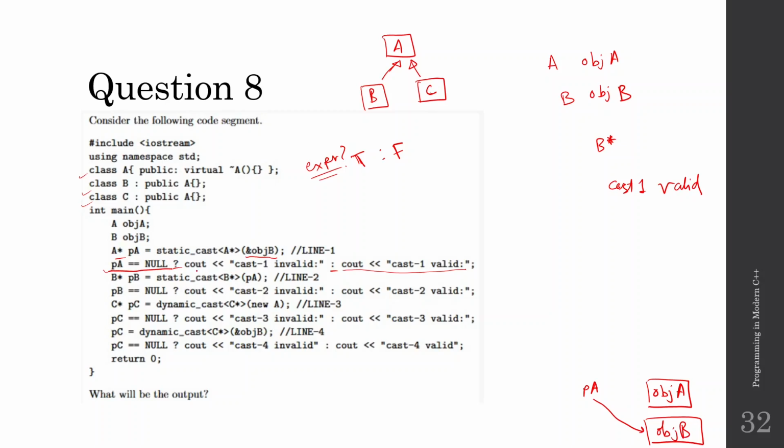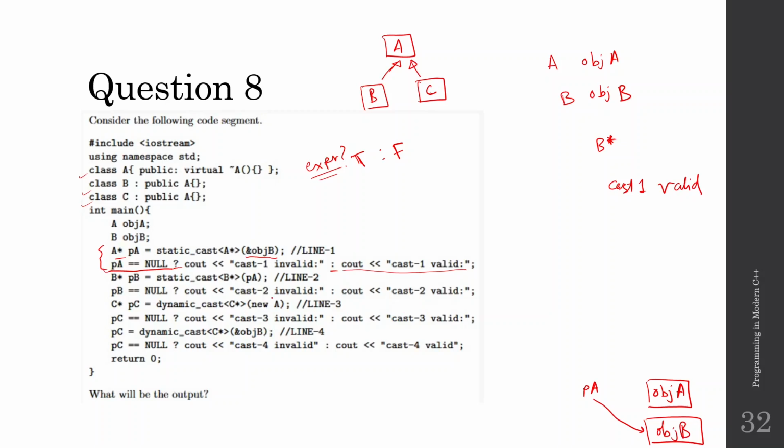True part will print invalid, and the false part will print valid. That is why we are checking null. So if the pointer is null, then the pointer is invalid, so the first part will be printed. But if the pointer is not null, then the pointer is valid, so the second part will be printed. So for line 1, your cast 1 is valid.